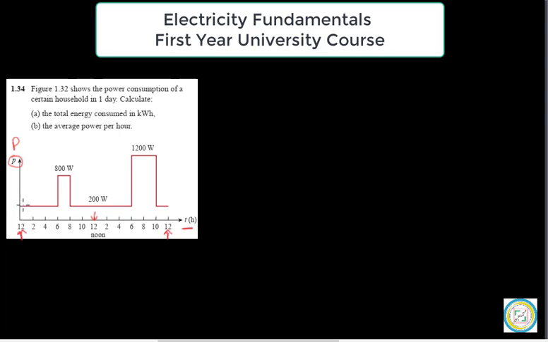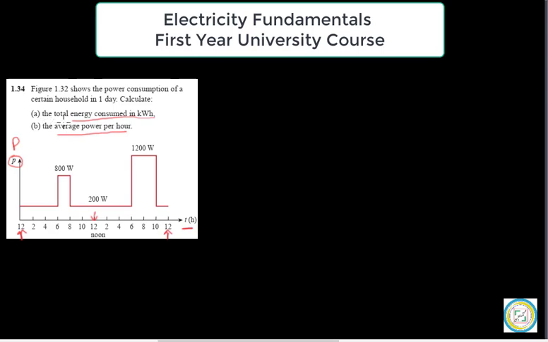We are asked to find out the total energy consumed in kilowatt hours and the average power that this house is consuming every hour. So you can see that the power is moving up and down throughout the day, and we are being asked to give an average value. If that were consumed, then the power would be uniform, and the total energy consumed would be the same as this graph.